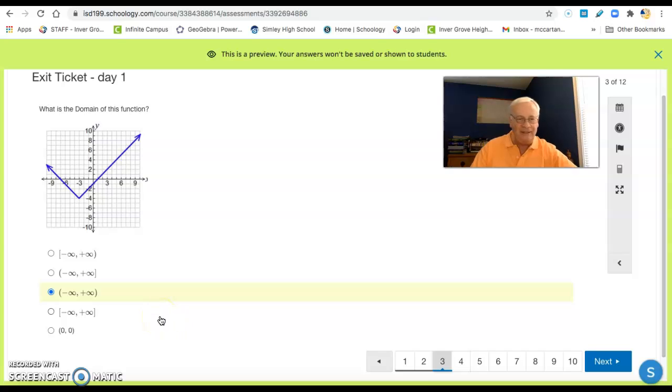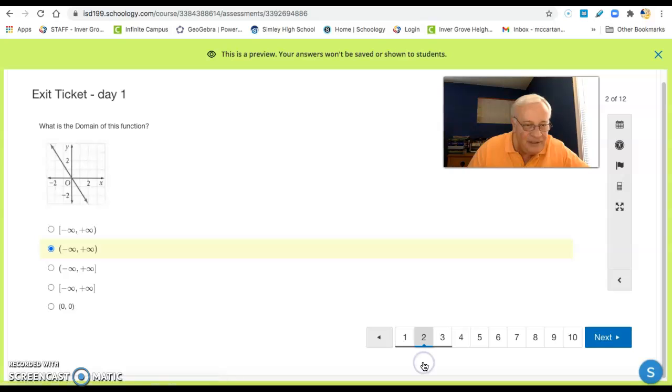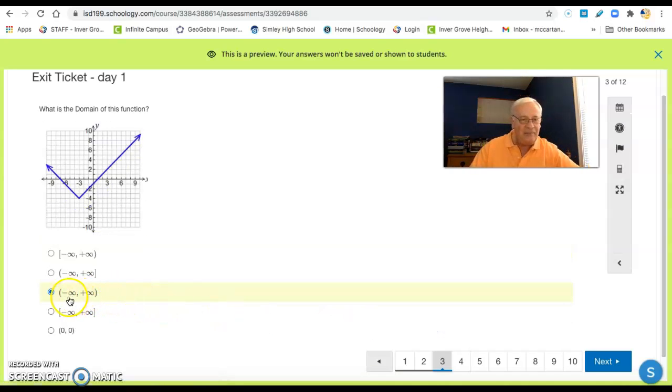Hope I got the other one right. Let's go back to number 2. I want to make sure I did that one right. Yeah. Okay, open brackets again on both sides. You get a lot of domains like that with a function where it just goes on forever. It's wide as can be.